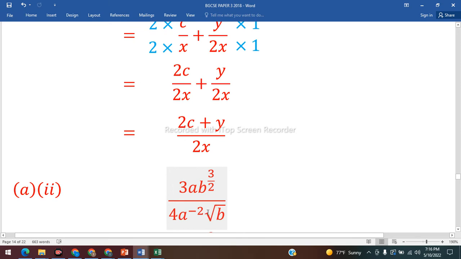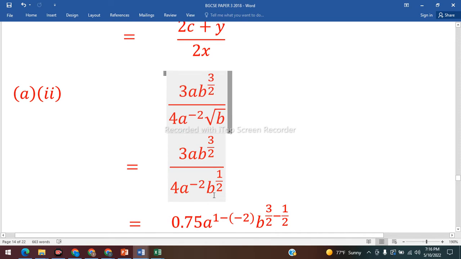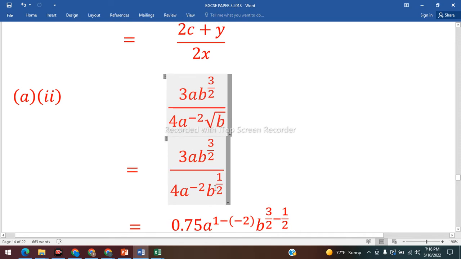The square root of b, we can write that as b to the power of a half. That is another way of writing the square root of b. So that's how we're going to deal with b. We're going to change it into a fractional exponent.